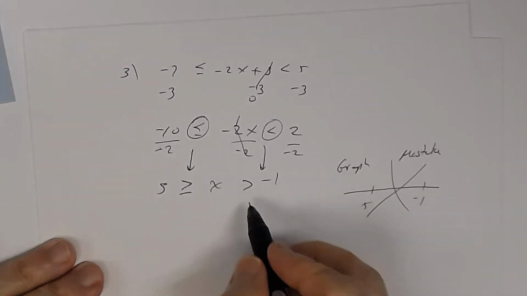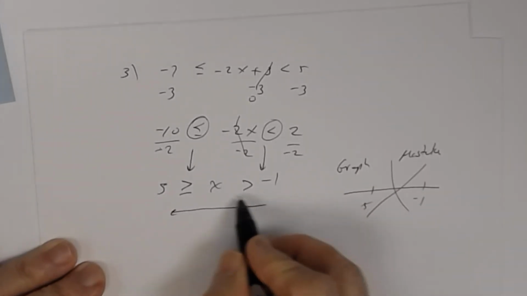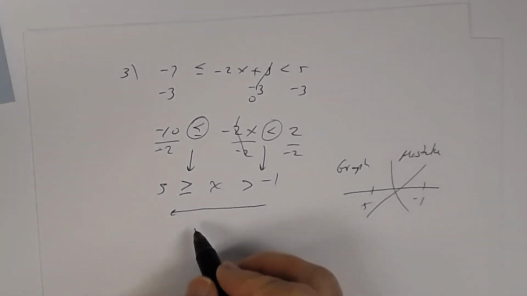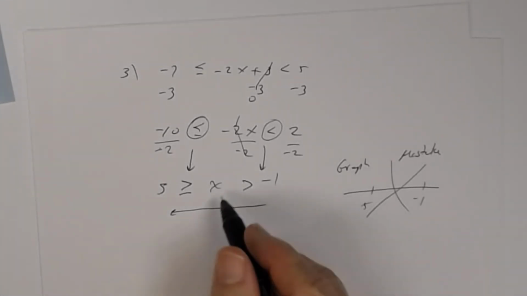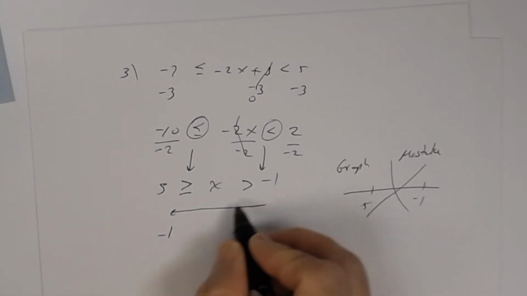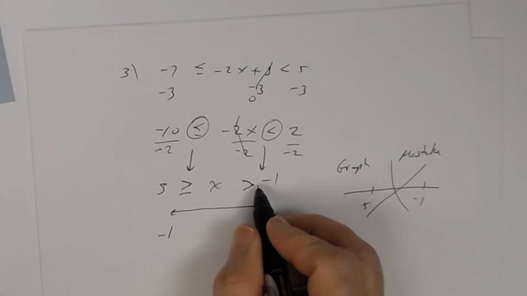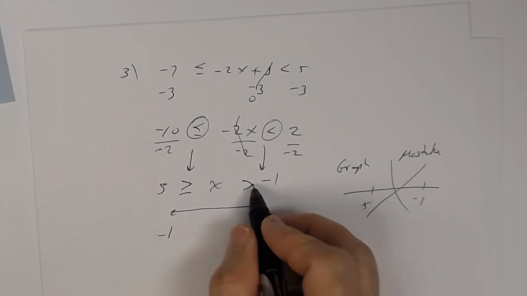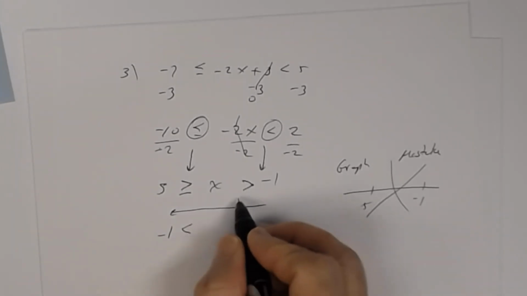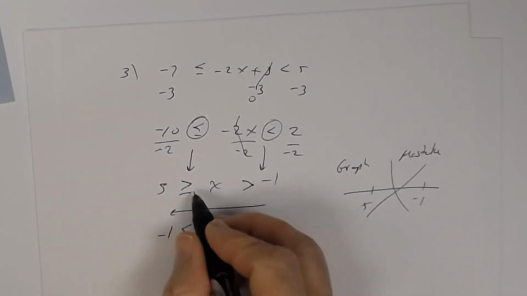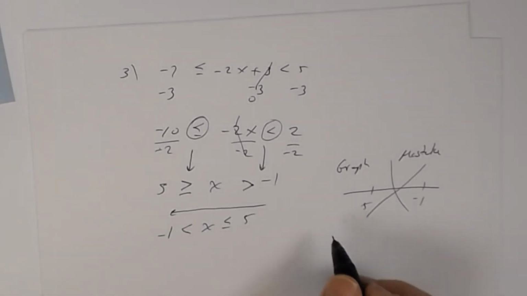So what some students prefer to do is rewrite this to where the smallest number is listed first. So you're just rewriting it backwards. So you're going to say -1. See, this little arrow, the less than is pointing towards -1 right here. So you can say -1 less than x, and then less than or equal to 5. All right?